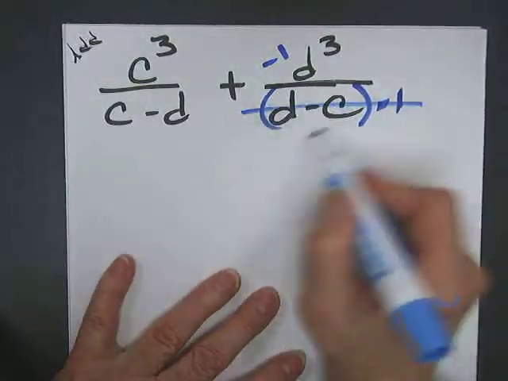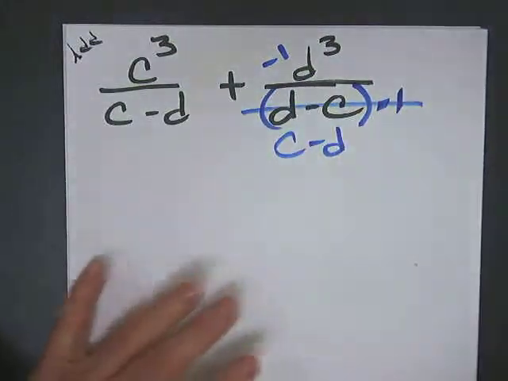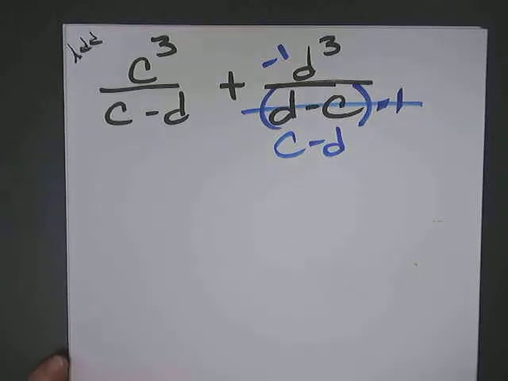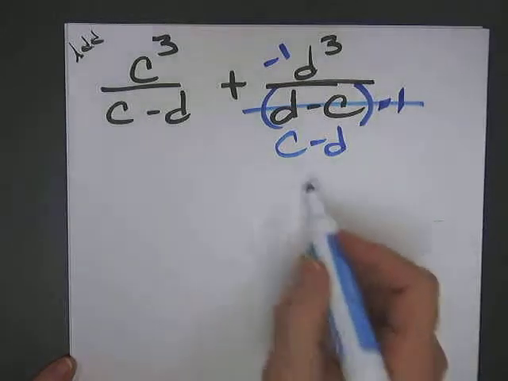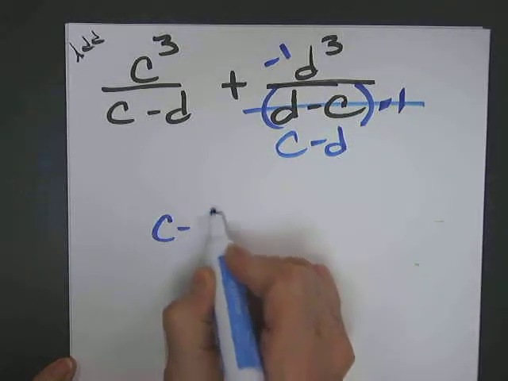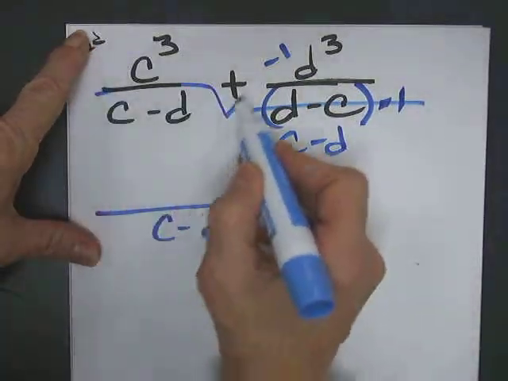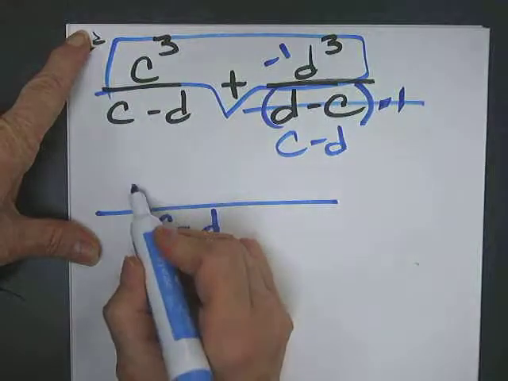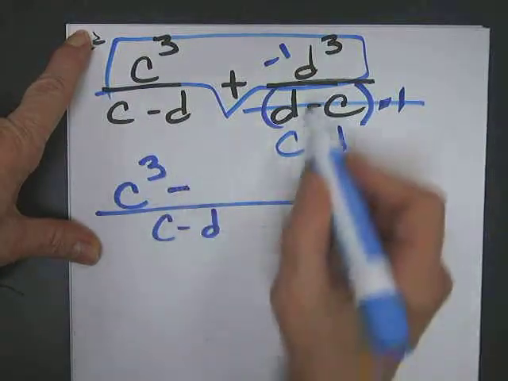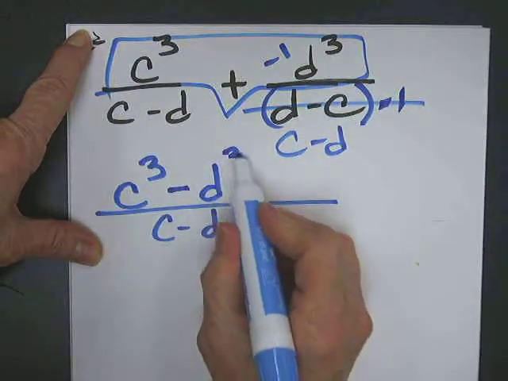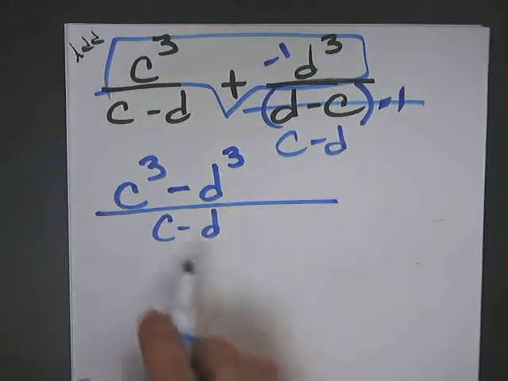Adding fractions, you need what? Common denominator. We don't have anything in common. What are these things? They're switched around, they're opposites, aren't they?